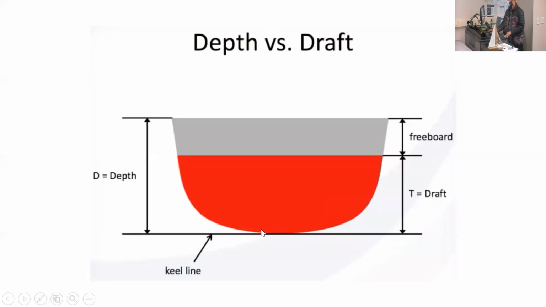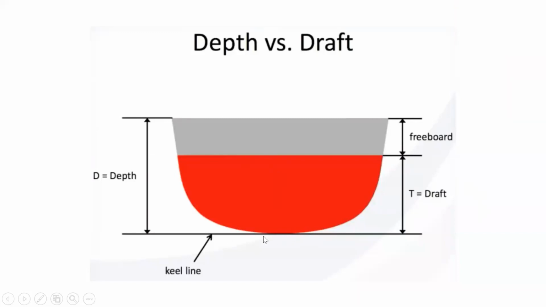T goes from the keel to the water plane, to the waterline. That distance is called the draft. Depth is from deck line to the keel. So for a given hull, depth will not change, but draft will keep changing depending on your load or your operating temperature. Freeboard is what's left above the draft.